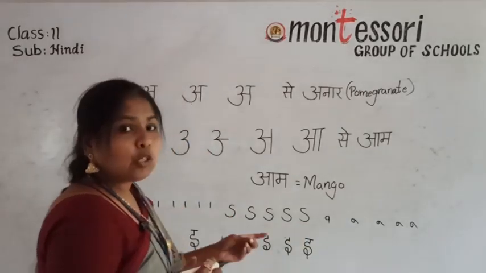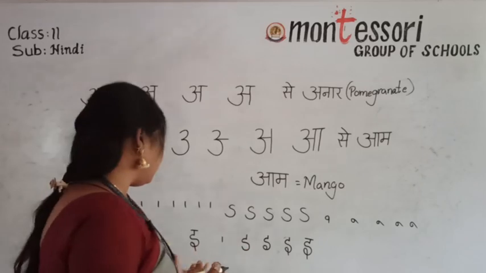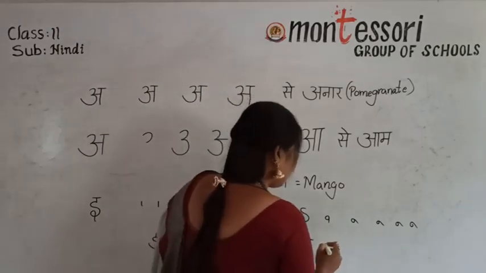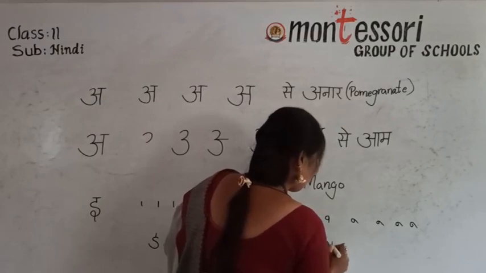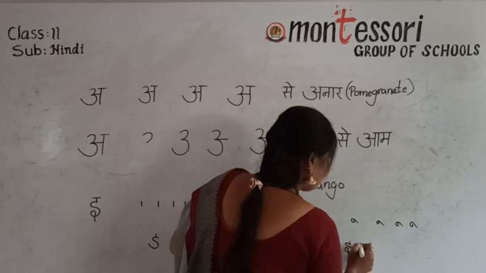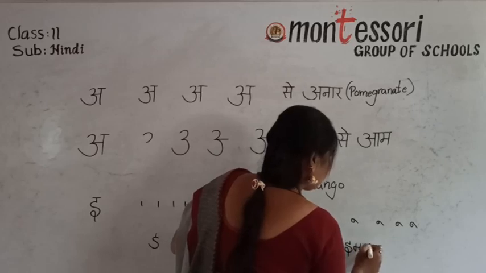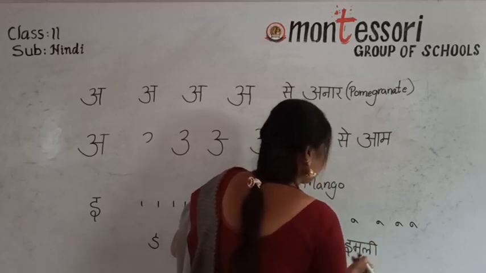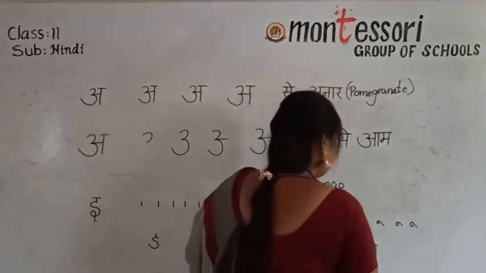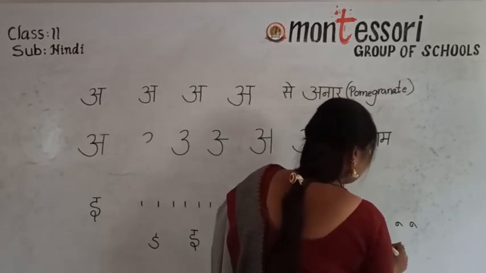Understand, children? Slowly. Don't write in a hurry. E. What is the letter? E. E se Imli. Imli means tamarind.